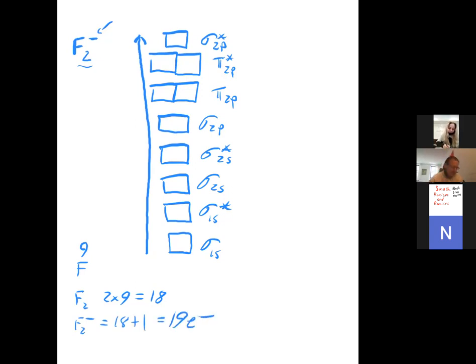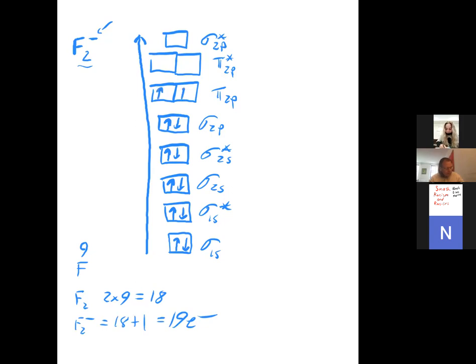Okay? Now, here's what you do. Aufbau principle, just like you did for atoms when you were doing iron or nickel or chromium. You just fill it out. Each orbital can have a maximum of 2 electrons, and you fill it until you're done with the electrons. We've got 19 to do.